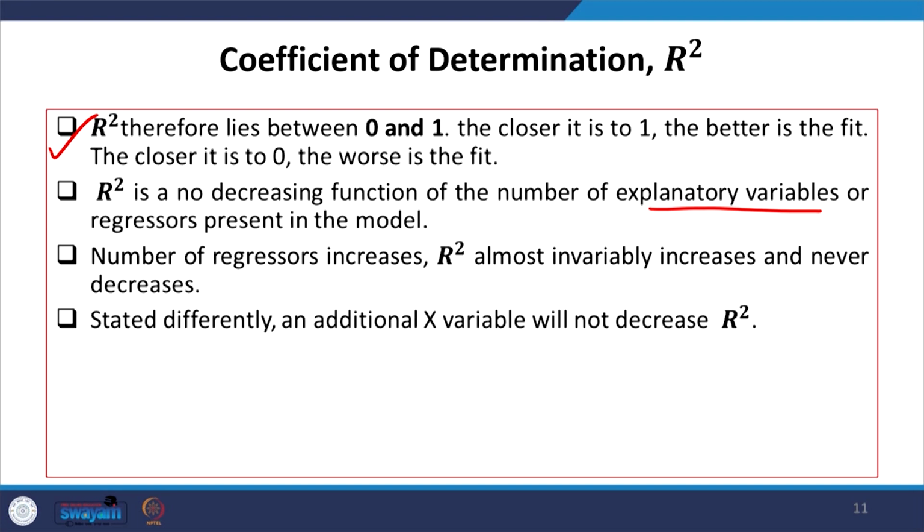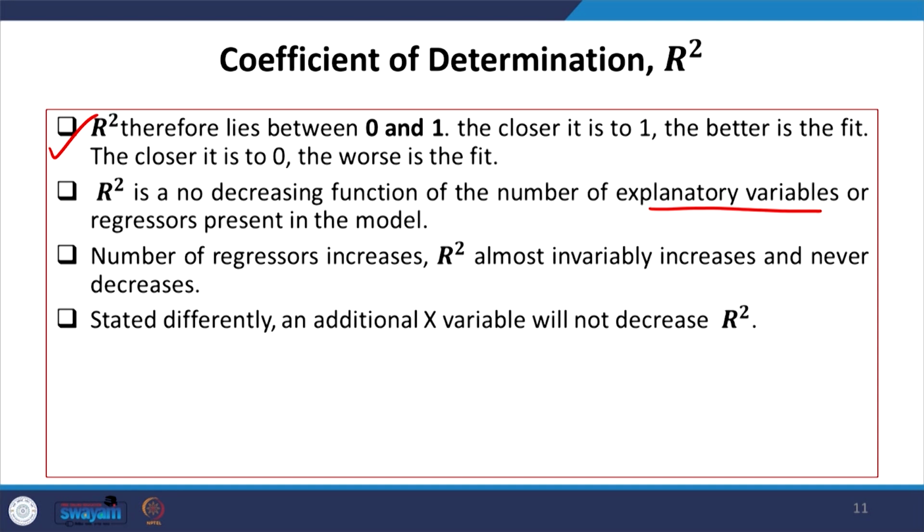So, basically, suppose you wanted to estimate any context, let it be healthcare. You wanted to estimate the impact of food quality, food consumption, on medical expenditure.